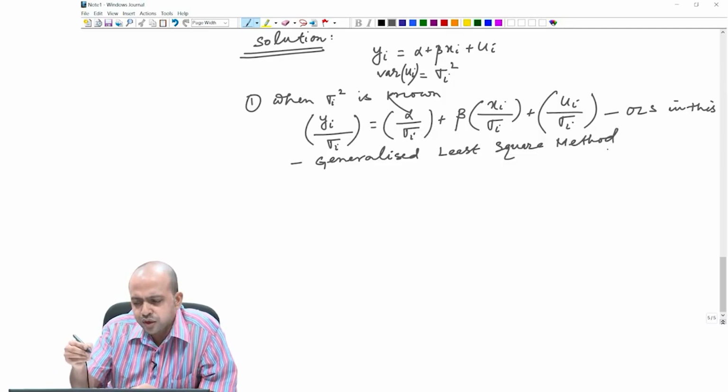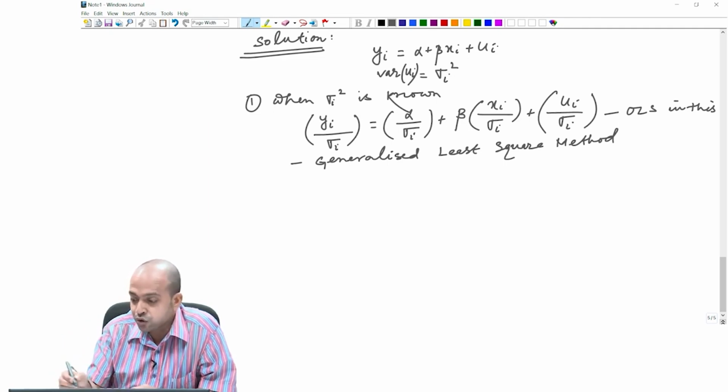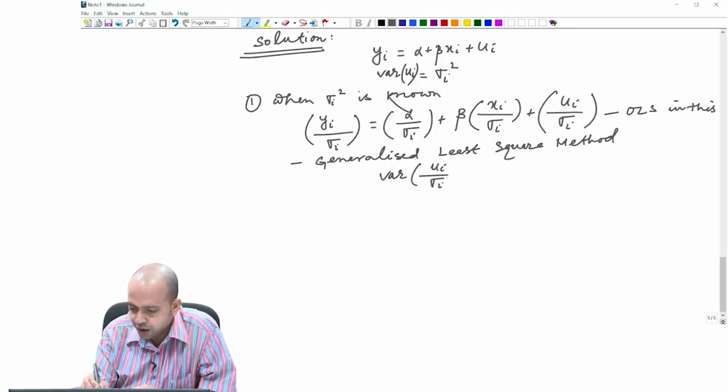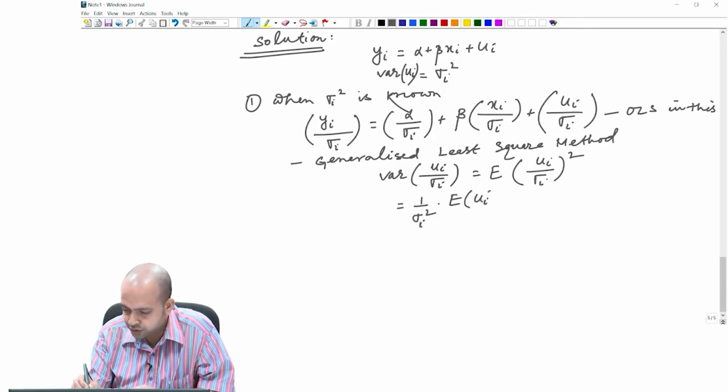Now, the question is, when OLS is not applicable in the original model, how are we able to apply OLS in the transformed model? Because if you calculate the variance of ui by sigma i, that is the expectation of ui divided by sigma i, squared, which is 1 by sigma square i into expectation of ui square.